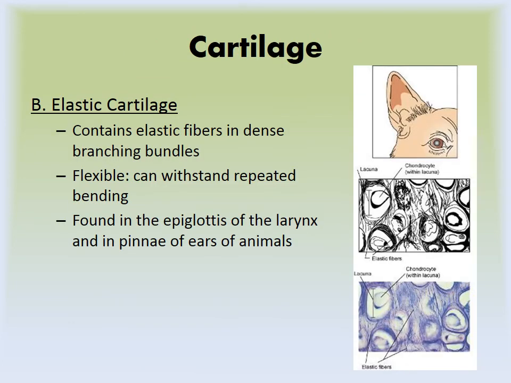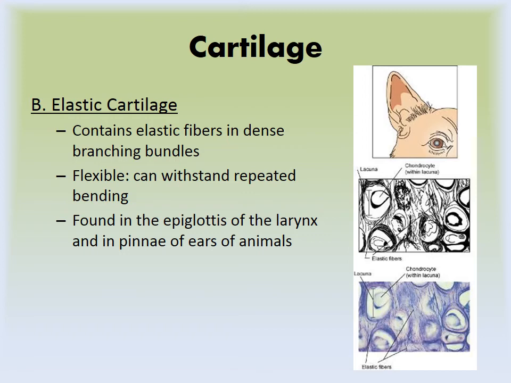Okay, so elastic cartilage contains elastic fibers in dense branching bundles. It's flexible, hence the name elastic, and can withstand repeated bending. It's found in the epiglottis, if you can remember intubating, when you take your endotracheal tube and you move down that epiglottis, it's not like soft, smooth tissue.